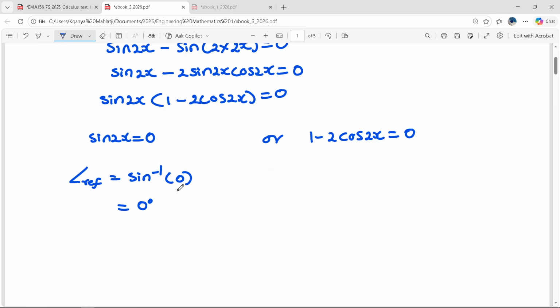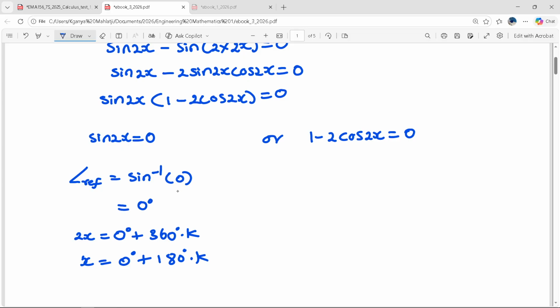Then 2x equals 0 degrees plus 360 degrees multiplied by k. This is the general solution. The reason we use 360 is because the period for a sine function is 360. Then x equals 0 degrees plus 180 degrees multiplied by k.